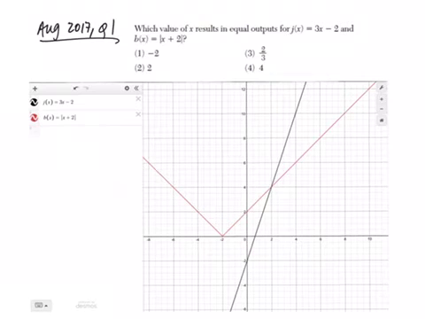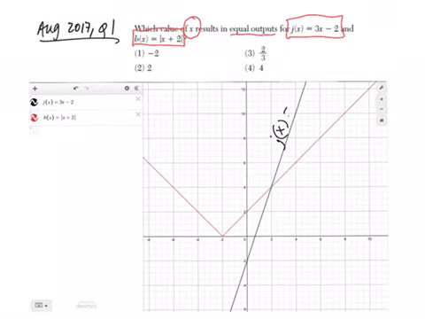Alright, so we have this situation. So the question is, which value of x, so we're looking for x, results in equal outputs for the two graphs. So there are two graphs. There's j(x) is equal to 3x minus 2. And then there's b(x), which is x plus 2, and the absolute value of it. So we have this black line as j(x), 3x minus 2.